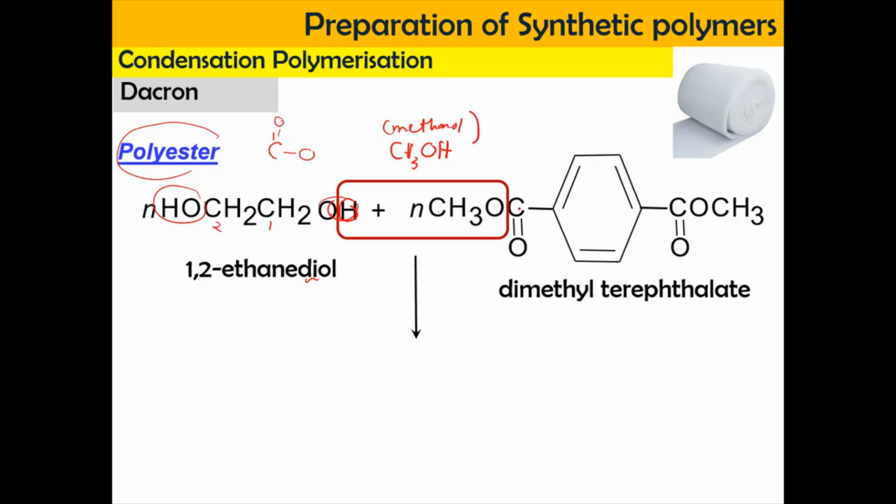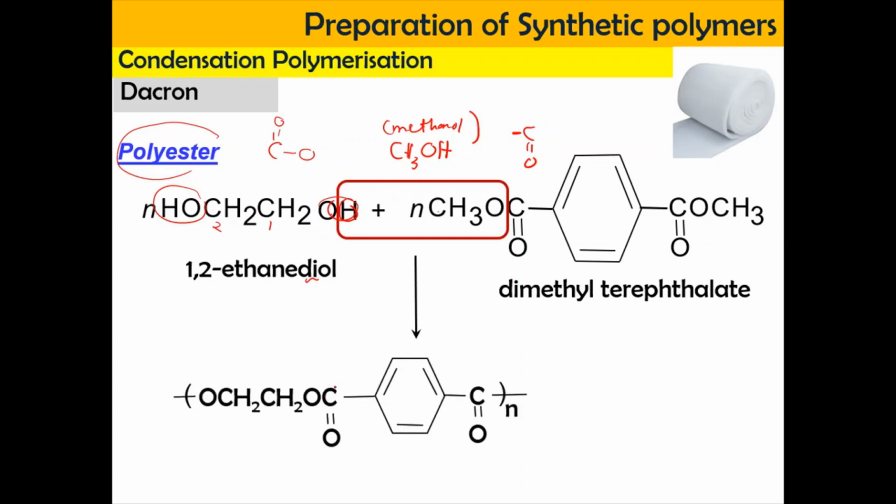Our C double bond O will be connected with the oxygen of the ethanediol here. So it's going to produce something like this: C double bond O connected with the alcohol part, which is oxygen CH2, and then O here. And here refers to the ester class of compound.